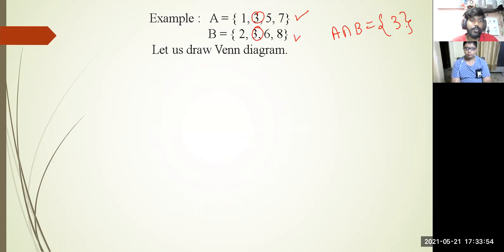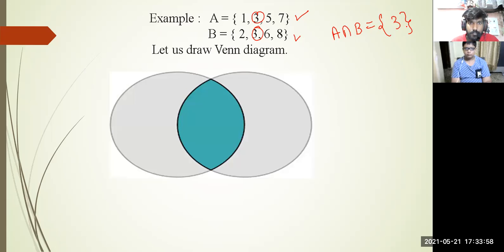Now let's try to imagine this on a Venn diagram. The first circle is set A, and A has the elements 1, 3, 5, and 7. I'm not writing 3 for now because 3 is common.